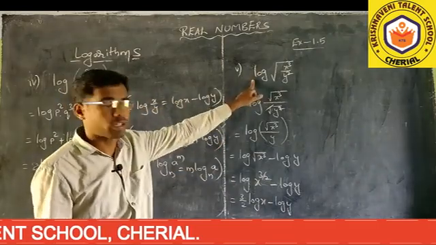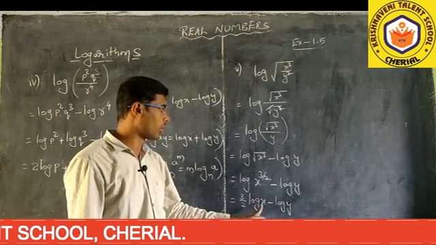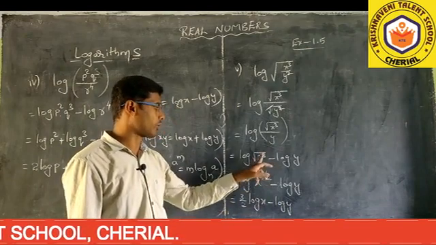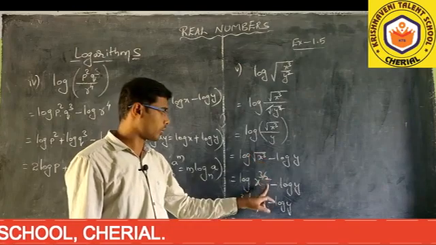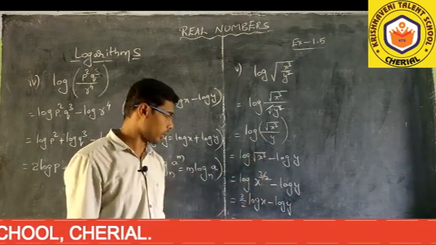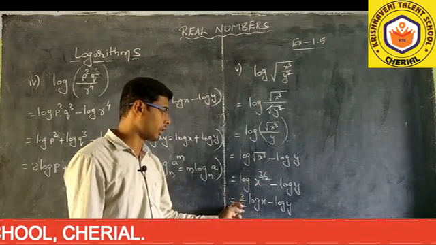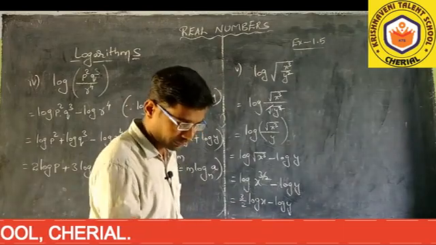Here, as given, a single logarithm, you are getting 2 logs, that is 3 by 2 log x. Already you know, square root of x cube means x power 3 by 2. If it is cube root, it is by 3. For fourth root, 3 by 4, you will get like that. If you apply the third law, 3 by 2 log x minus log y.